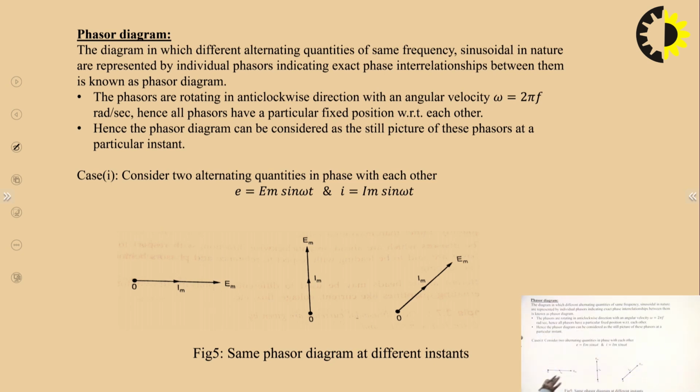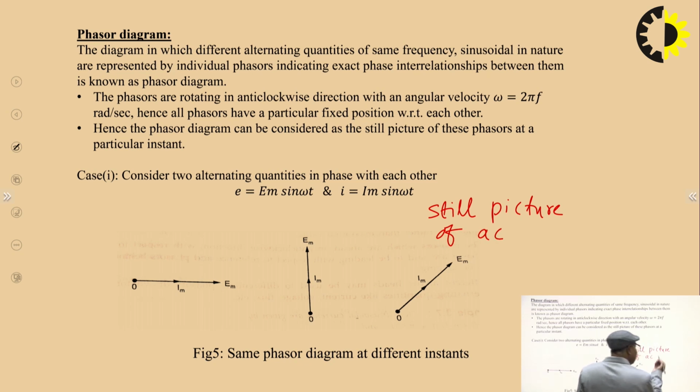This phasor diagram is actually a still picture of AC quantities. There may be two, three, four AC quantities. It is a still picture of AC quantities at a particular time.